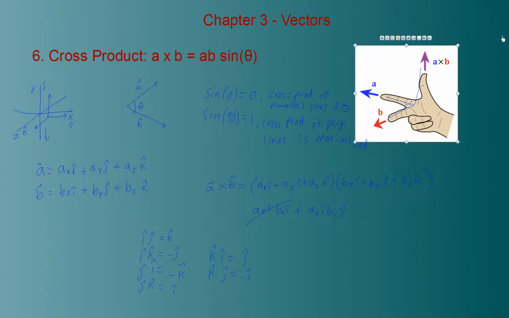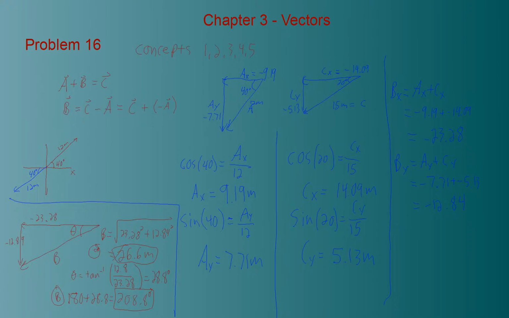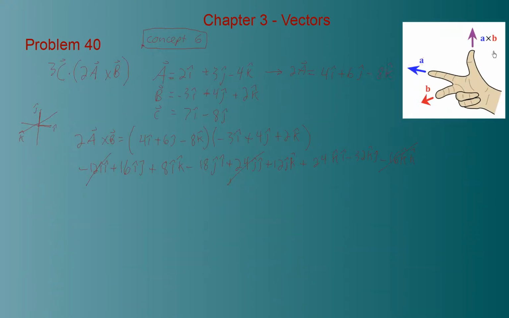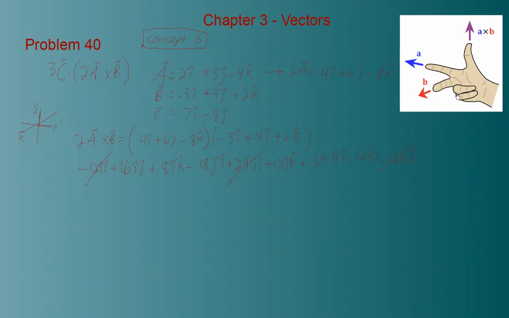Control C, Control V, get you over here. So you take your pointer finger, you put it in the direction of the first one. For 16IJ, the first one is I, so you put your pointer finger pointing that way. So that should be towards your right. And then you take your middle finger and you point it towards the second one, which is J, and that should be up. And if you do that, you're going to have to twist your hand.